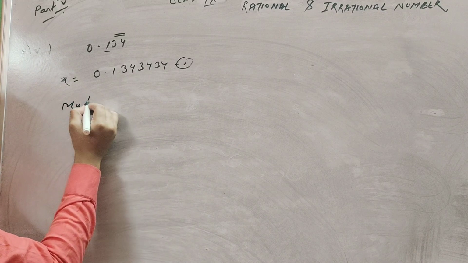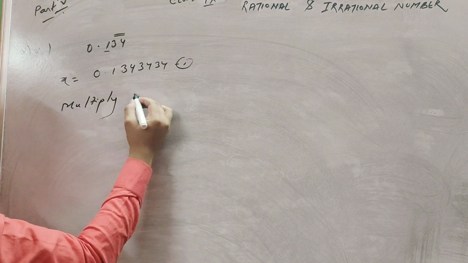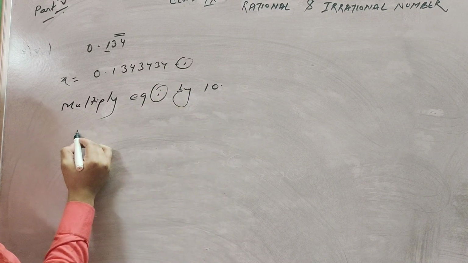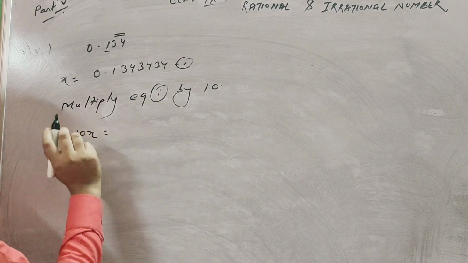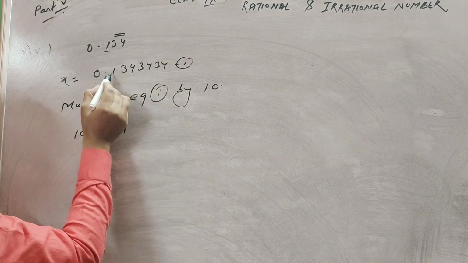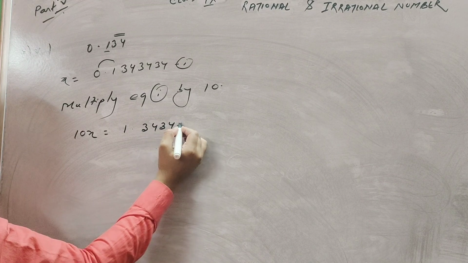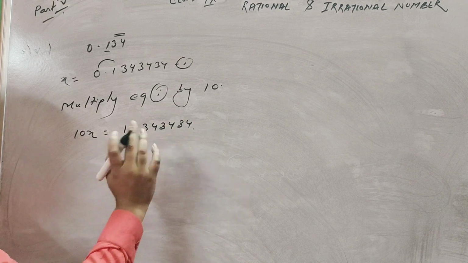So multiply equation 1 by 10. So 10x equals 1, because after multiplying, equation 1 comes this side, 1.3434 over.